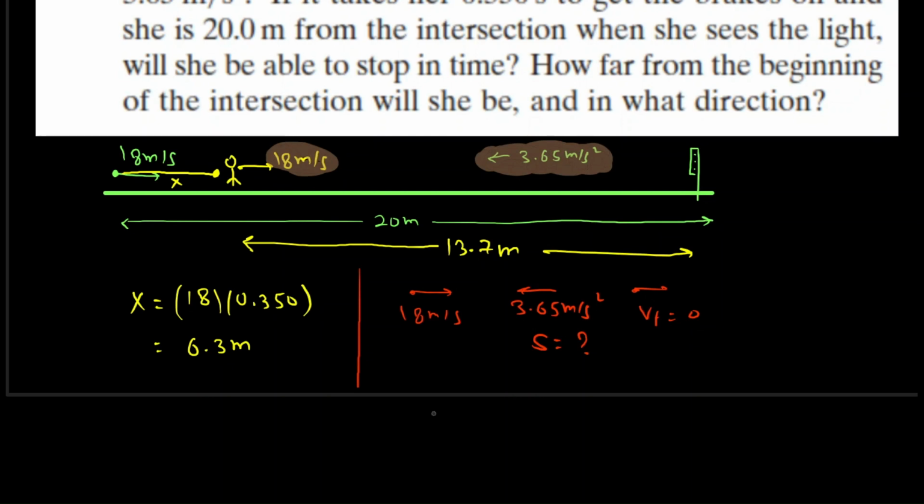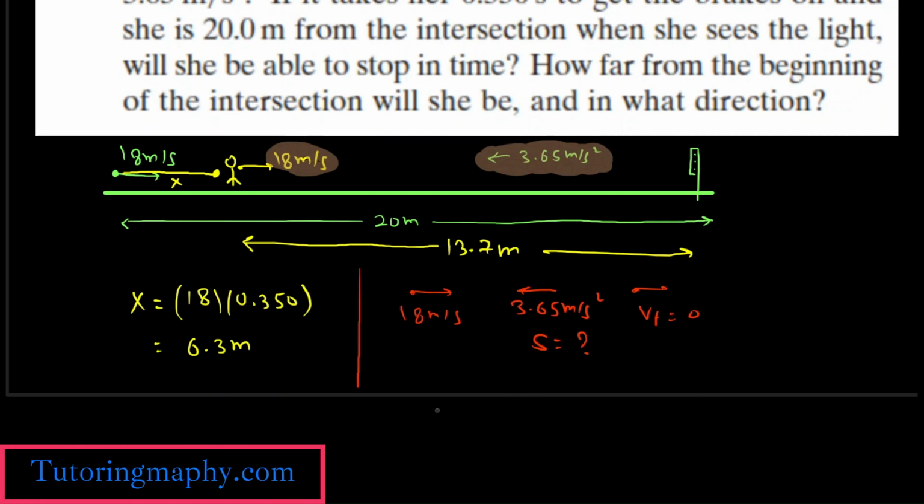I guess we can use the displacement formula then. Exactly. Displacement means equation 2 and equation 3. But equation 2 has time, and time is not given, so I think we have to resort to equation number 3, the velocity squared one.